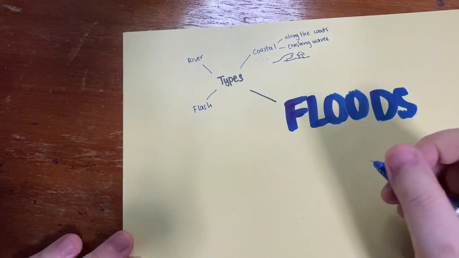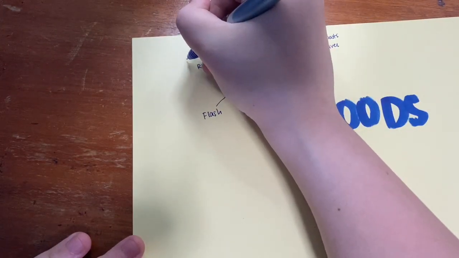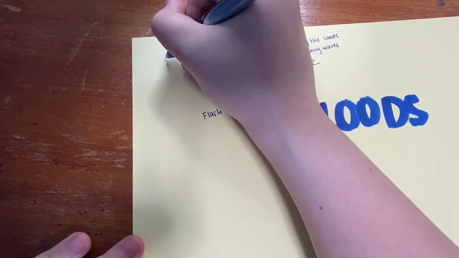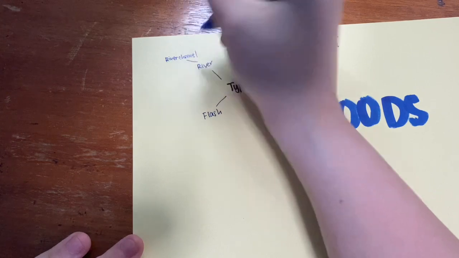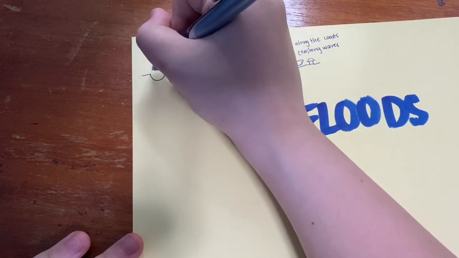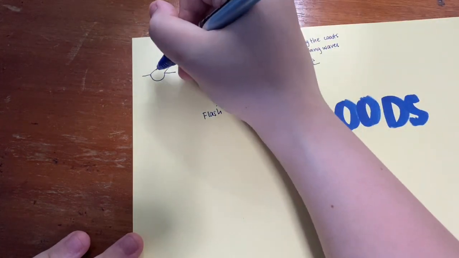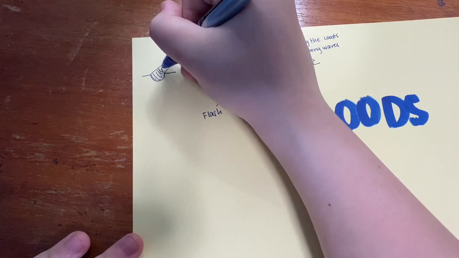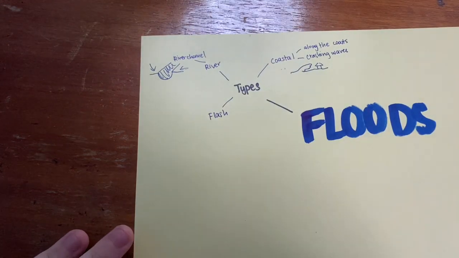For river floods, you're just going to see the river channel and both sides of the river. That is how you identify that it's a river flood.